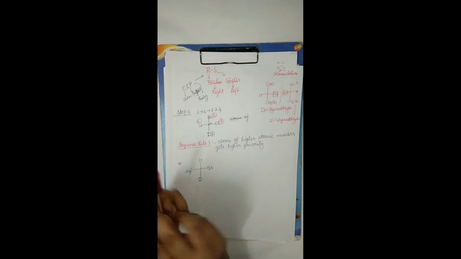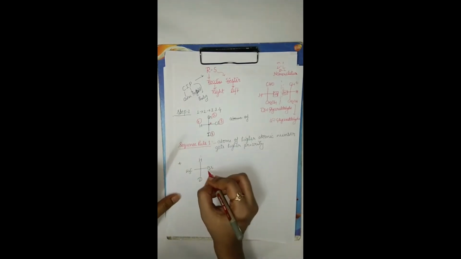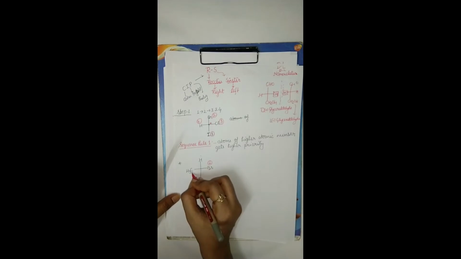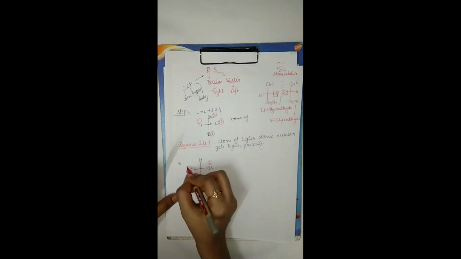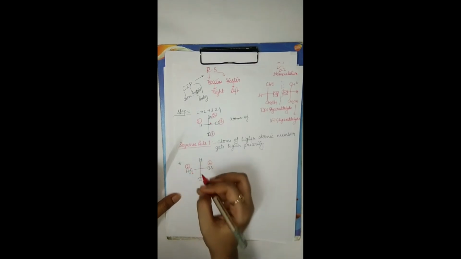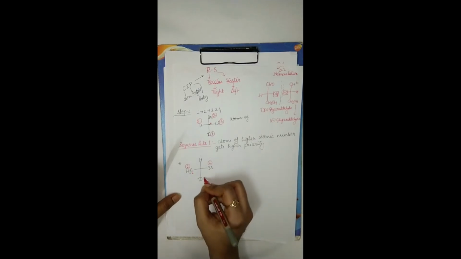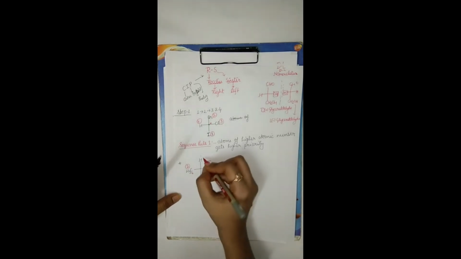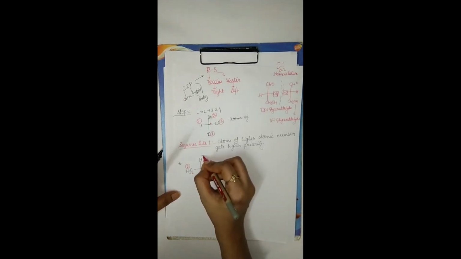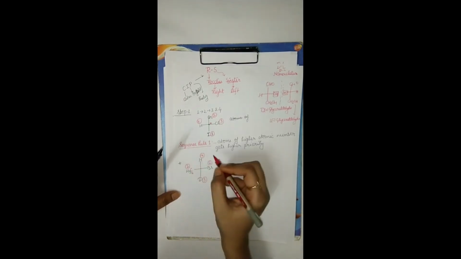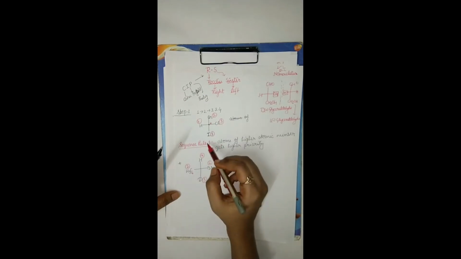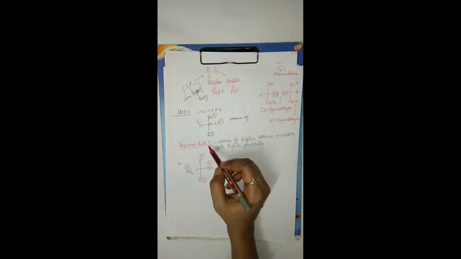As we know that Br has the highest atomic number, it will get number 1. Carbon has atomic number 6, it will get number 2, and deuterium will get number 3 just because of the higher mass number as compared to hydrogen. Then hydrogen will get number 4. This is under sequence rule number 1.